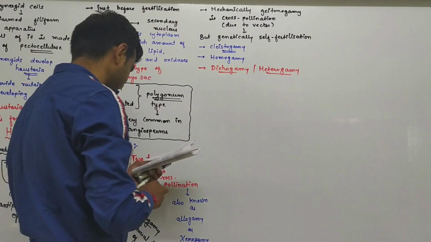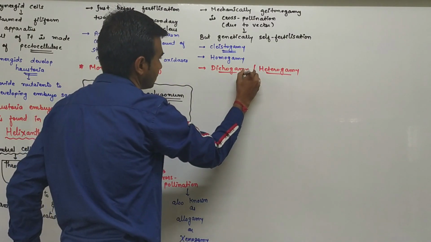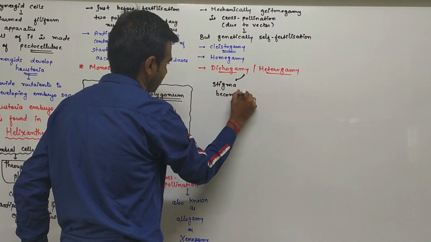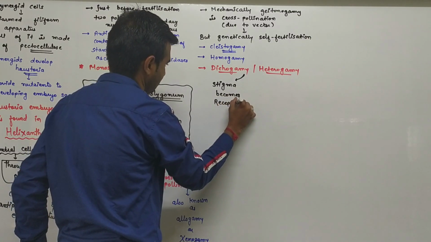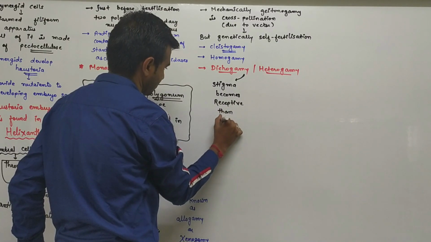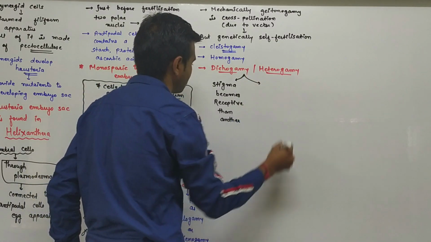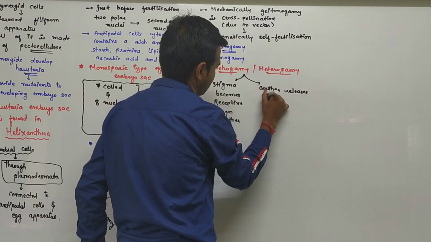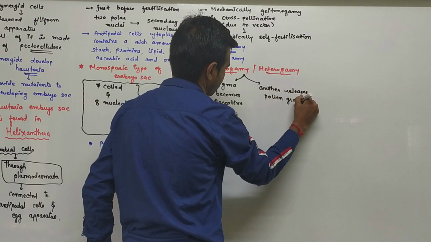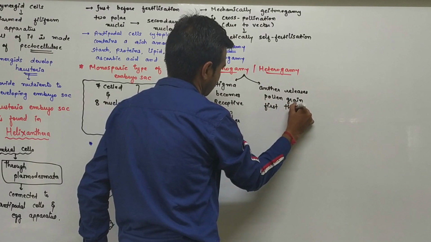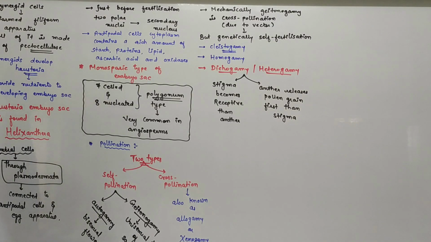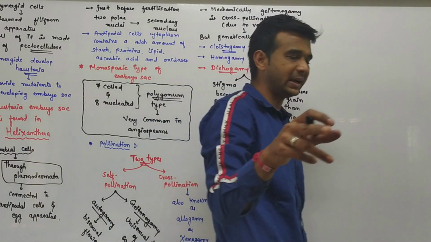Here two things are there. Previously I told you that stigma becomes receptive and anther releases the pollen grain.